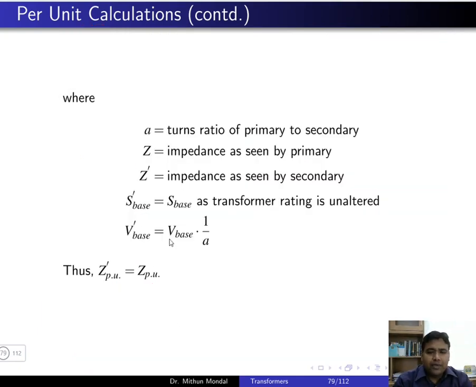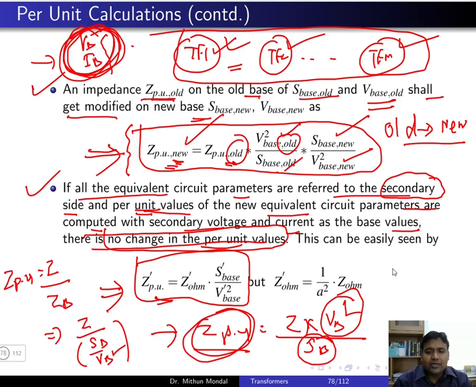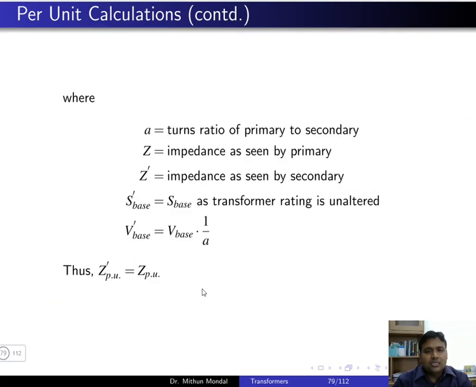So here what is happening actually, if you have a transformation ratio, generally we give a notation K. So we take a as the notation here for the transformation ratio K. Then Z per unit on the secondary side will be equal to Z ohms, that is the old base, times S base by voltage base squared. These are basically the terms that we are using.